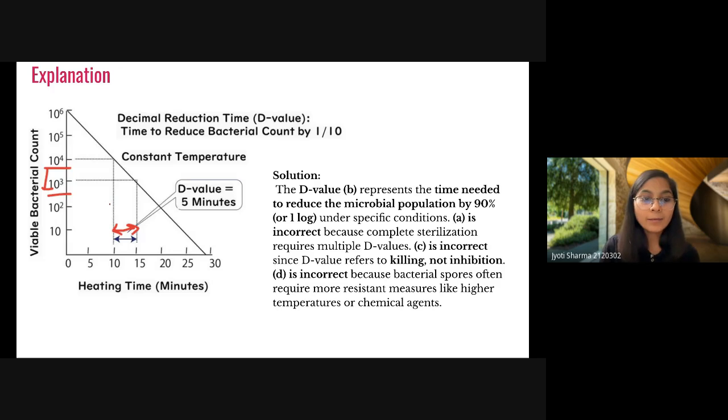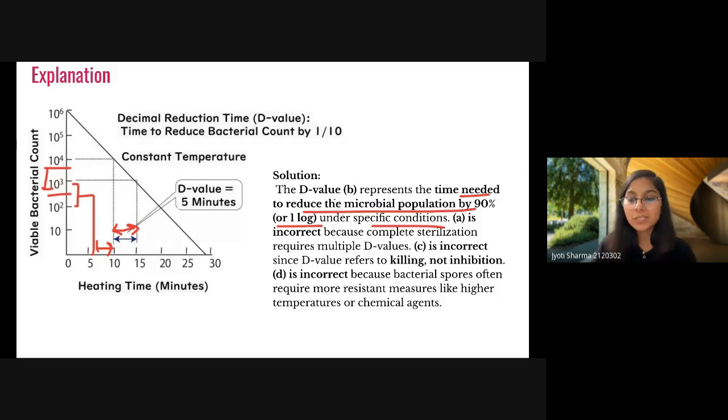And again, if we are going from 10 raised to power 3 to 10 raised to power 2, we are reducing 1 log, and if this reduction of 1 log is taking 5 minutes, then the D value will be 5 minutes. So D value represents the time needed to reduce the microbial population by 90% or 1 log under specific conditions. This is how we can define a D value equal to 5 minutes. Is it clear? Okay.